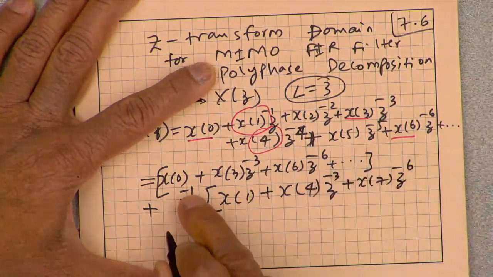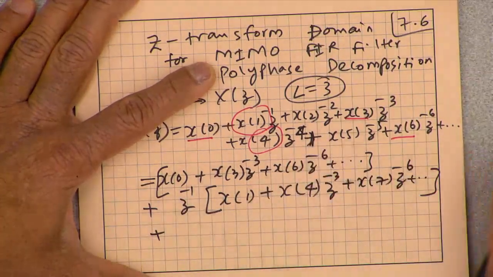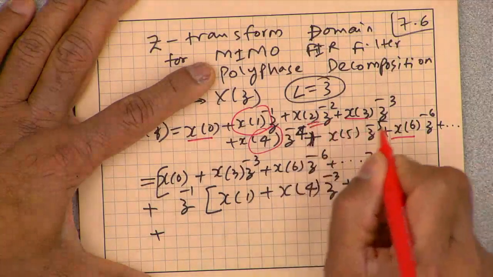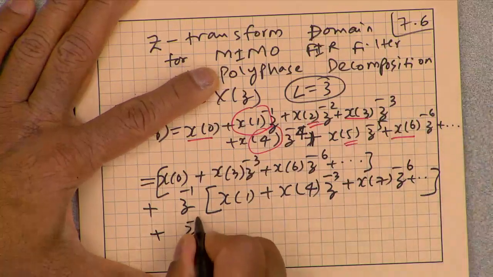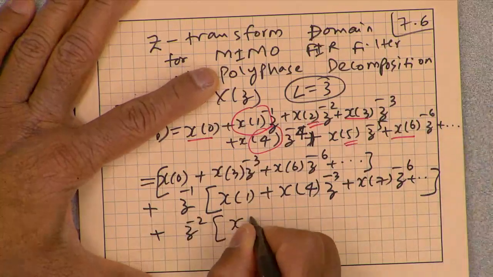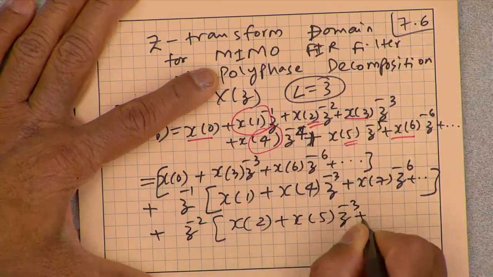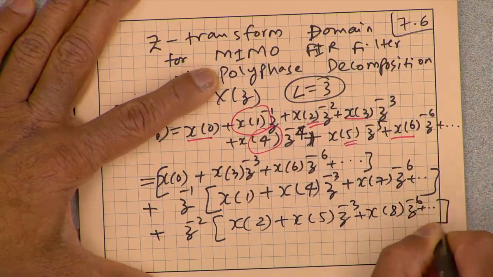Plus, out of the remaining terms 2, 5, 8, take z to power minus 2 outside a bracket: x2 plus x5 z to power minus 3 plus x8 z to power minus 6, and so on.